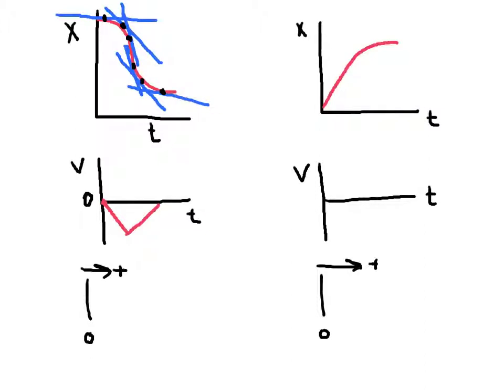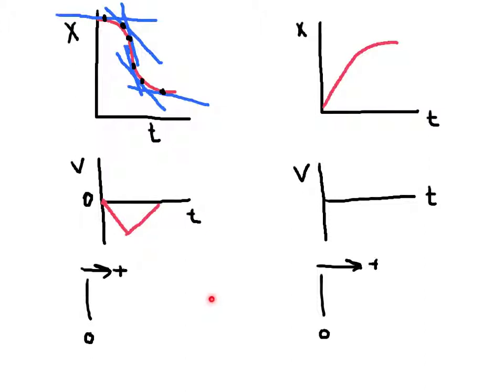Now, in terms of the motion map, we have a velocity that is in the negative here and here. All these are negative values, which means our arrows should be pointing in the negative direction, not the positive direction. We also, if we look at our position time graph, see that we start at time 0 with a large positive position.